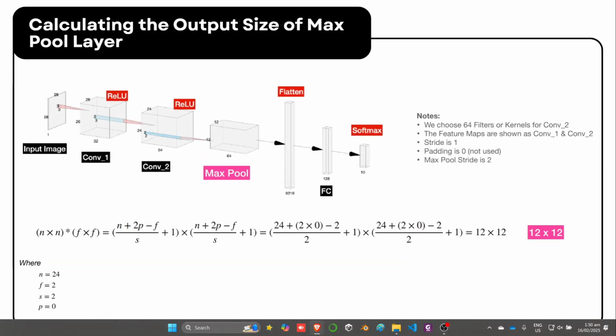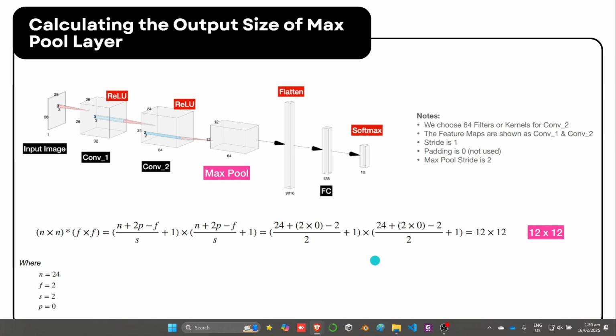So let's take a look at the output size calculation for max pool. This one is simple, and that formula still holds up as well. We have n, which is 24, plus 2 times p, which is 0 again, minus f, which is 2, divided by 2.